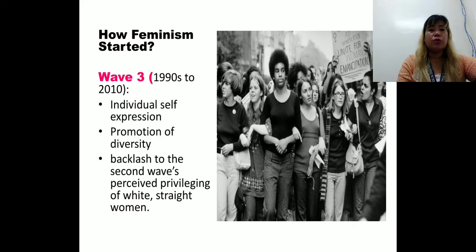It promotes individual self expression and diversity. It is actually a backlash or a critique of wave two because it promotes diversity, meaning whatever skin color you have, black women, white women, or you may belong to rich families or poor, it doesn't matter. So it includes different classes and statuses.